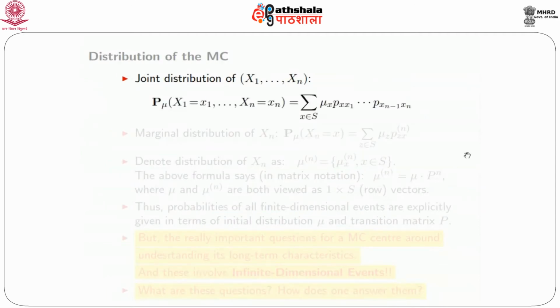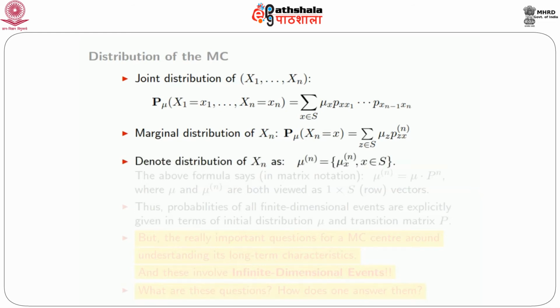So let's carry on with this a little bit. For example, if you are given an initial distribution and transition probabilities, then one can write the joint distribution of x1, x2, ..., xn in this fashion. So here the initial distribution as well as the transition probabilities are all given. In particular, you can also get the marginal distribution of xn, which is given by this formula.